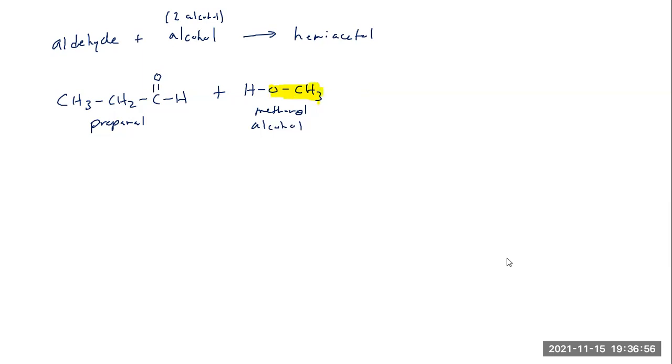And the other part of the alcohol that's going to add is the hydrogen. So we're going to add both of these things into a specific location, and the specific location might not be a surprise to you. It is the carbon-oxygen double bond.